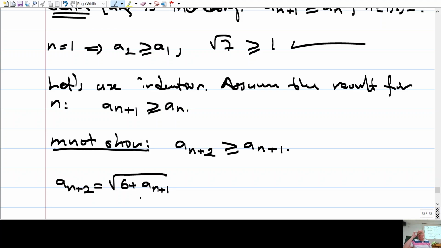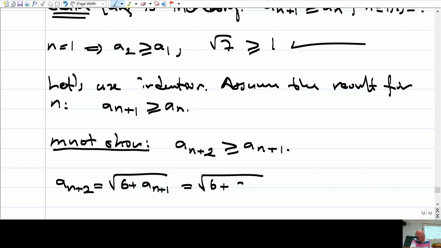The rule for our sequence is this. The next term is obtained from the previous term by adding 6 to that and then taking the square root. But what is a(n+1)? By induction, it is larger than an.